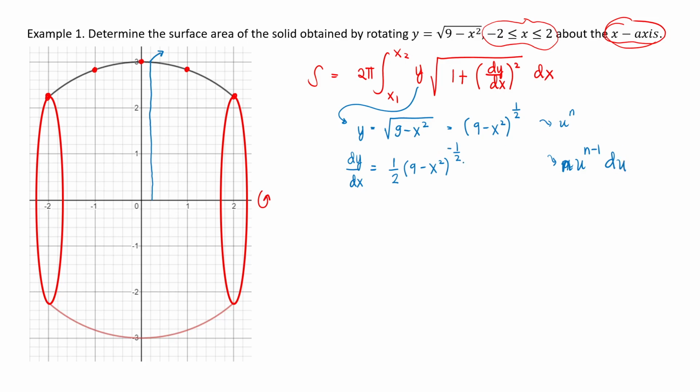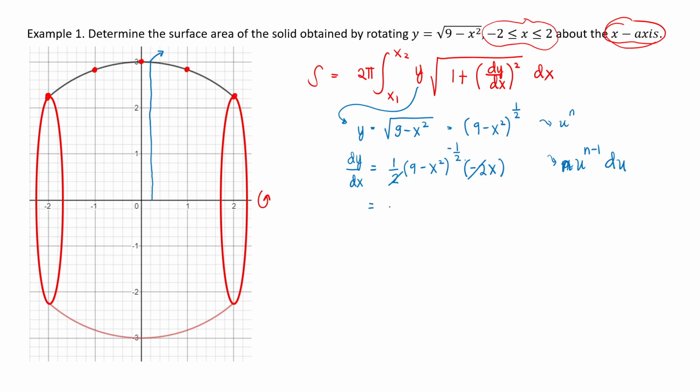So what's missing here is the derivative of the base. So this is 0 minus negative 2x. So cancel out 2, cancel out 2.